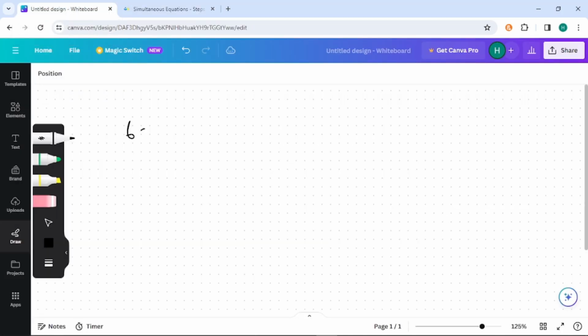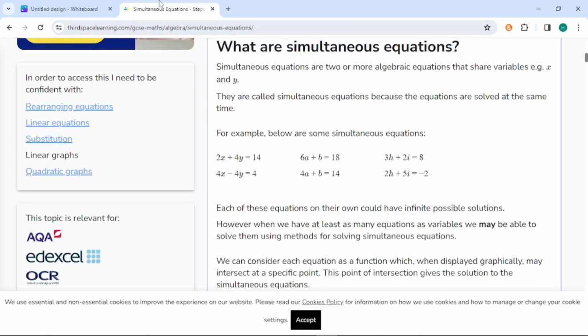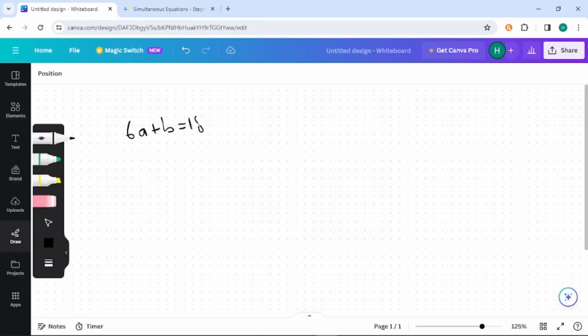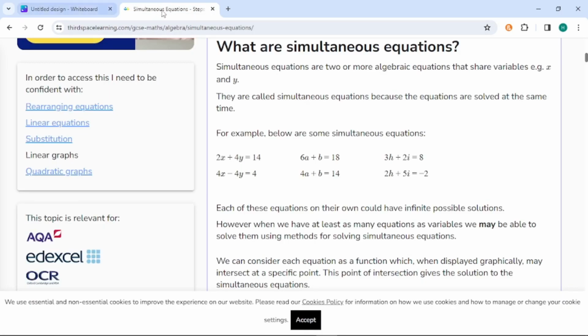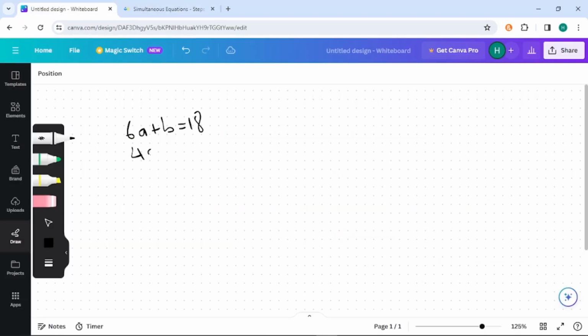If I have 6a plus b equals 18, and then 4a plus b equals 14, I can use the substitution method to solve for these.